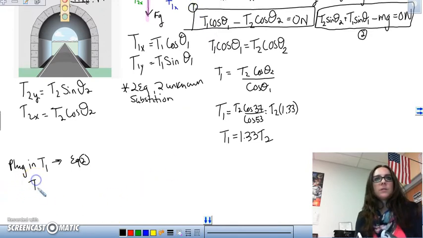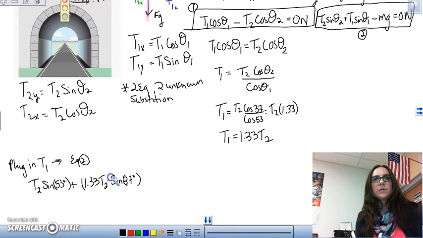So it's going to be T2 sine, I'm going to put in numbers now, sine of the angle 2, which is our 53 degrees, plus T1, which we have is 1.33 T2, times sine of 37.